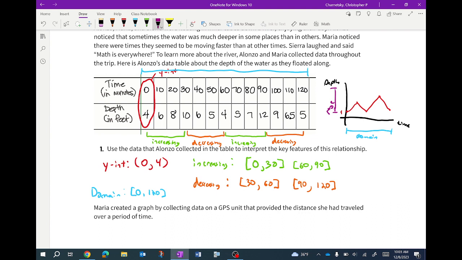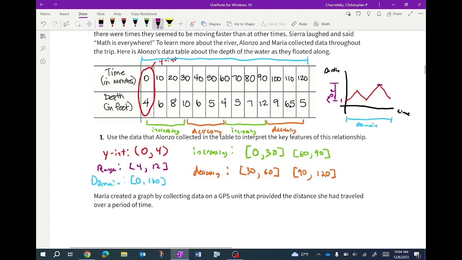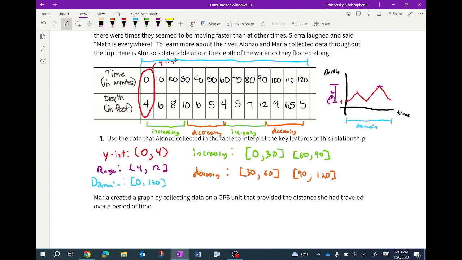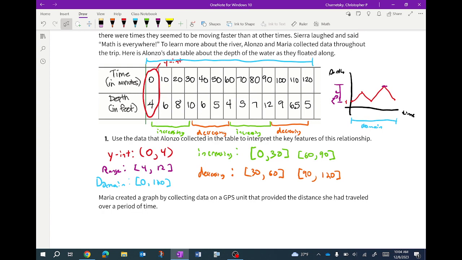And the highest value for our range is at that maximum value, which is 12. So our range is between 4 and 12 on our graph. So there's a lot we can read from the table, even without having a graph here.